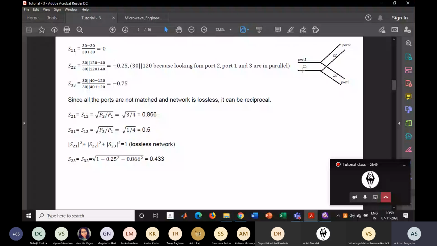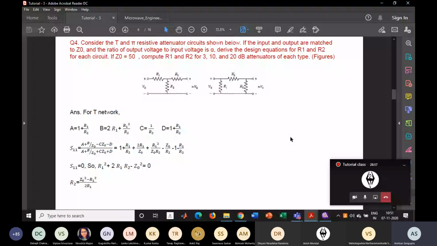So moving to question number 4. This is the question of an attenuator. You can see that there are two types of attenuators shown. One is a T network, another one is the pi network. Now they are considering the characteristic impedance as 50 ohm and different attenuation levels of 3, 10, and 20 dB.